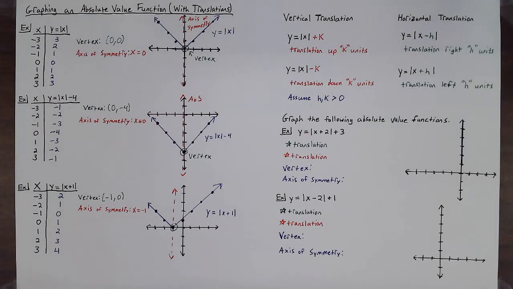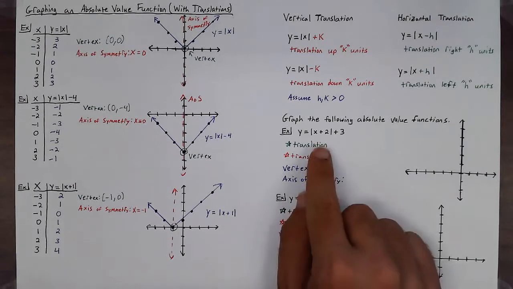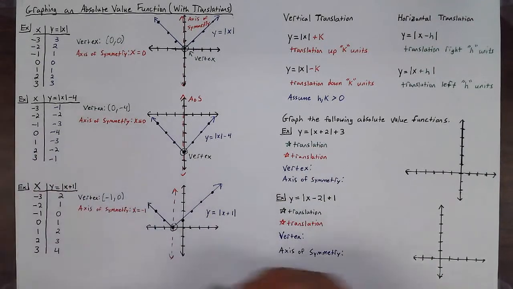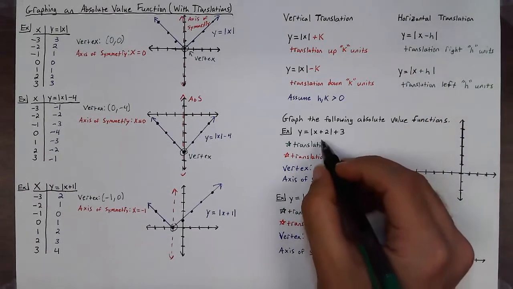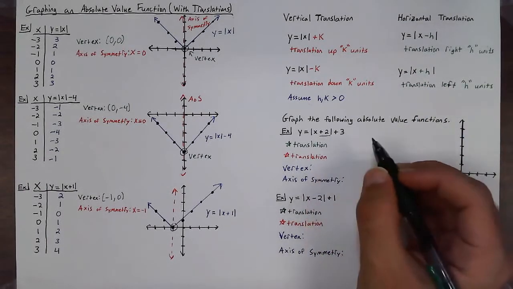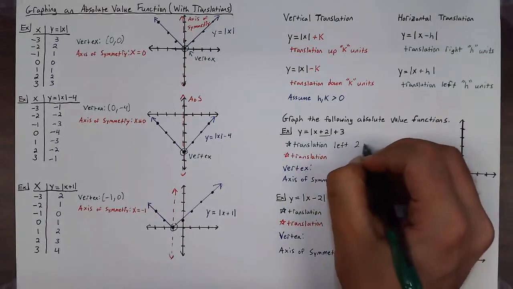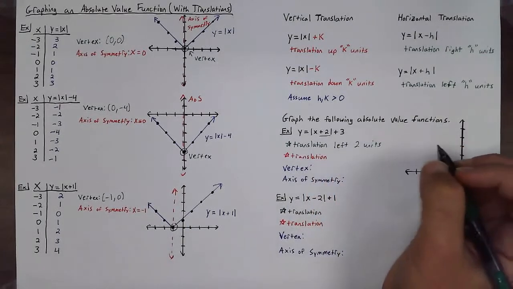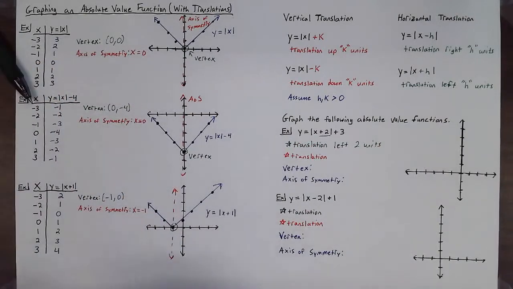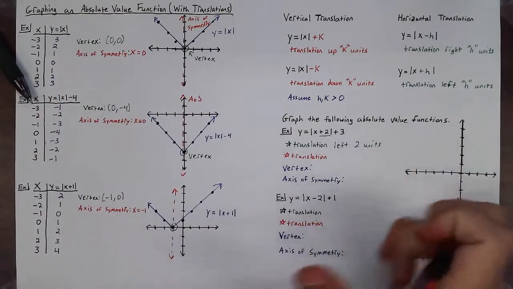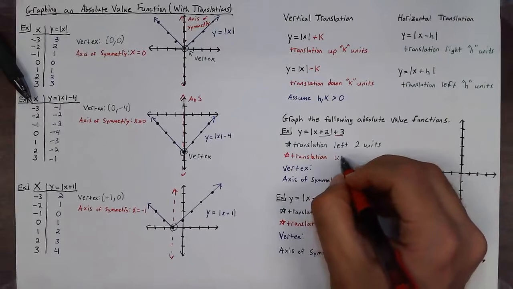Now let's go ahead and graph these next two absolute value functions. First, by describing the translation, we'll start with the horizontal translation. Since we're adding 2, that means we're going left 2 units. And since we're adding 3, we'll be going up 3 units.